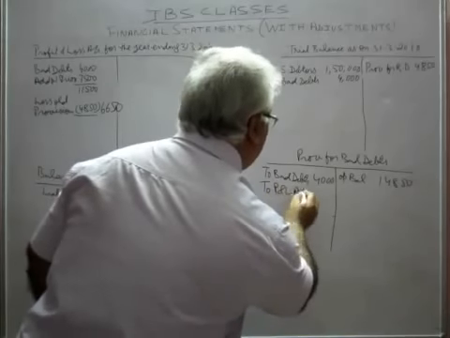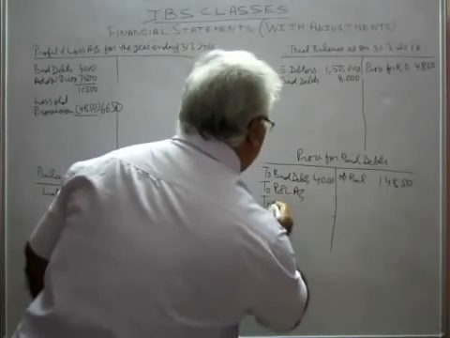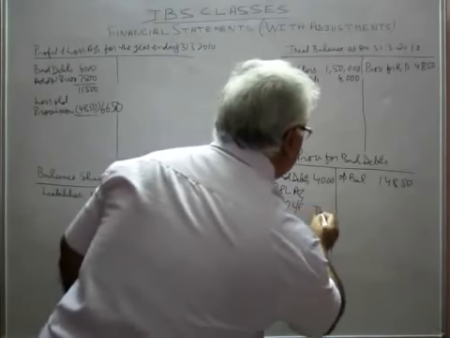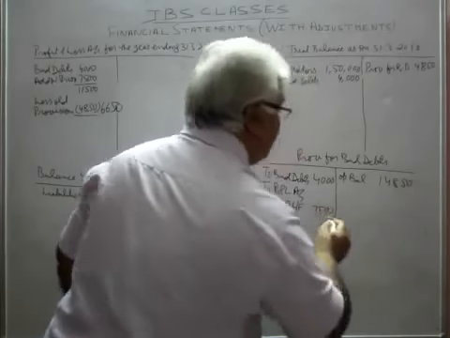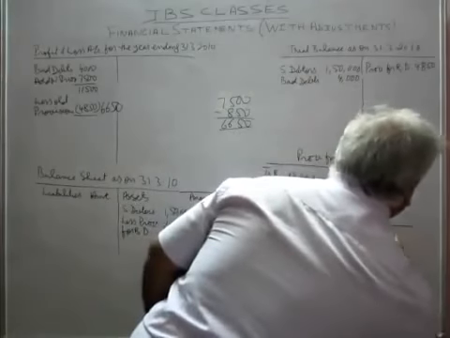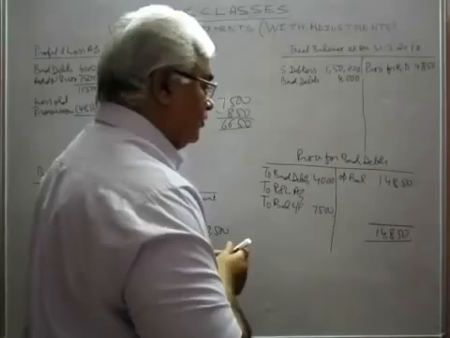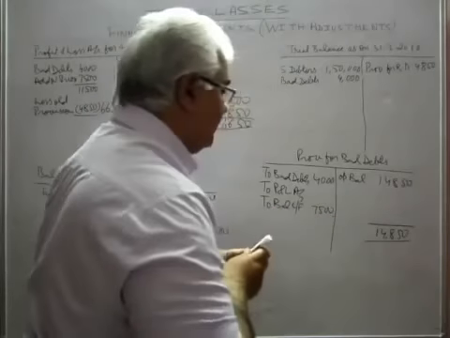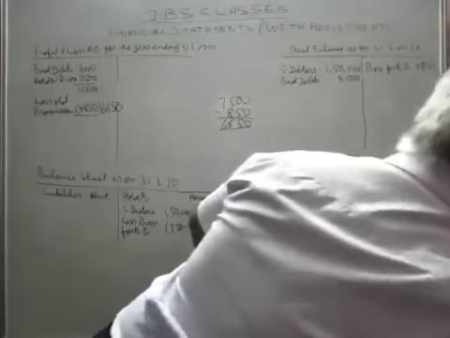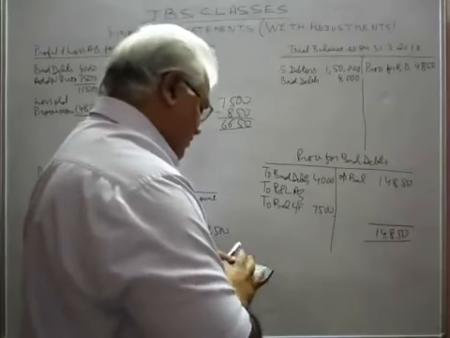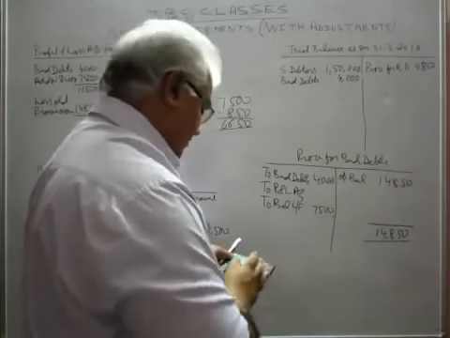To P&L account, to balance carried forward 7,500. So this is 14,850. So out of 14,850, if you deduct 11,500, how much will it be?